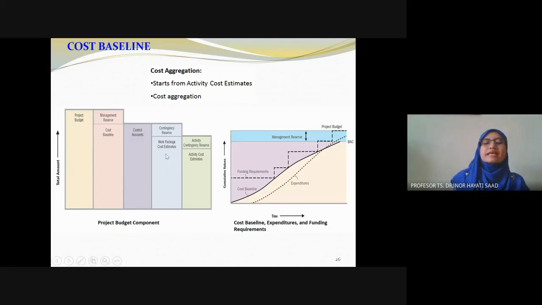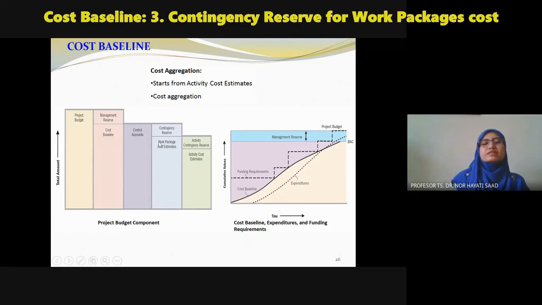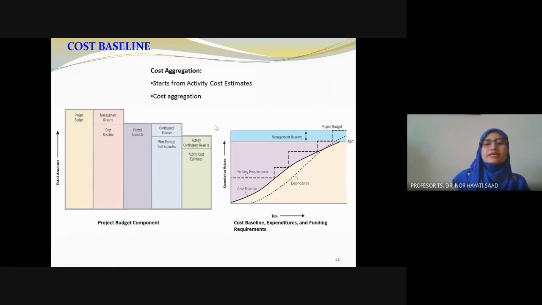Then after that, for the entire work package cost, you have another reserve we call the contingency reserve for the work packages, another estimation for us to secure against miscellaneous things that might happen. This is the double contingency reserve.